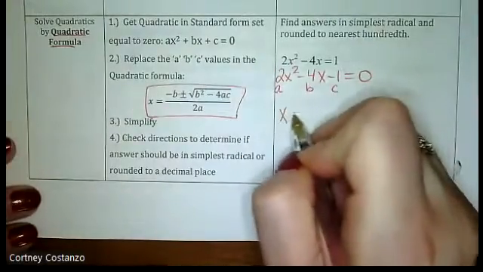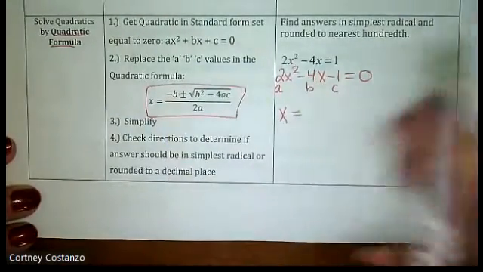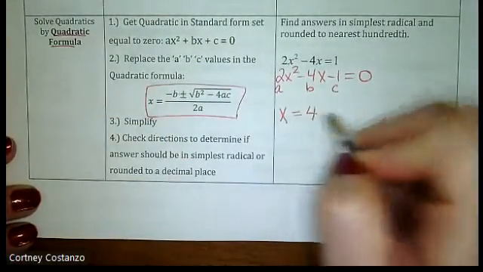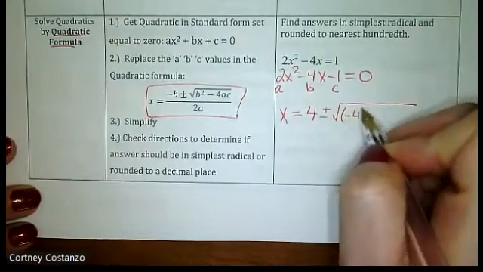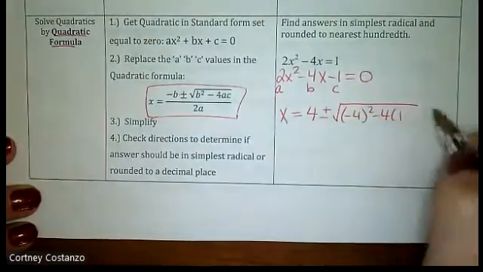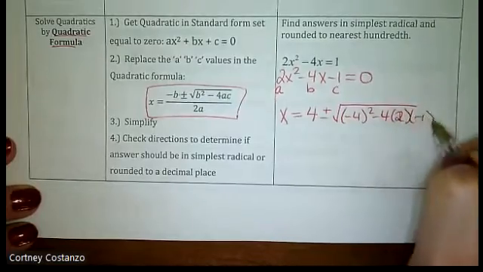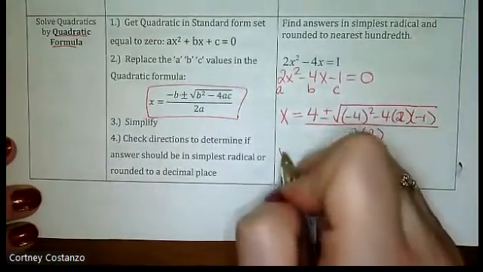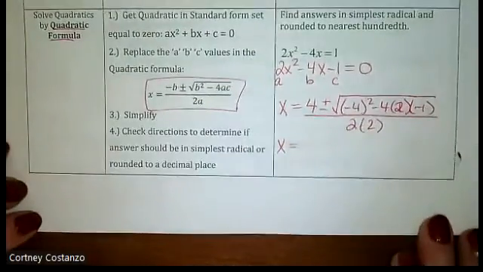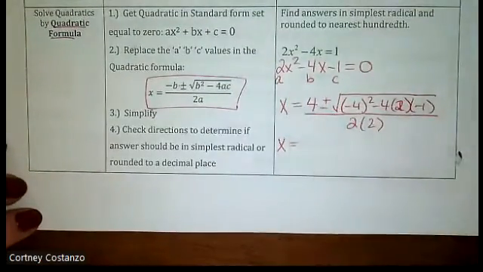So x equals -b, but b is already negative, so we have a +4 plus or minus the square root of b squared minus 4AC, all over 2a. All right, so I substituted in our A, B, and C values.